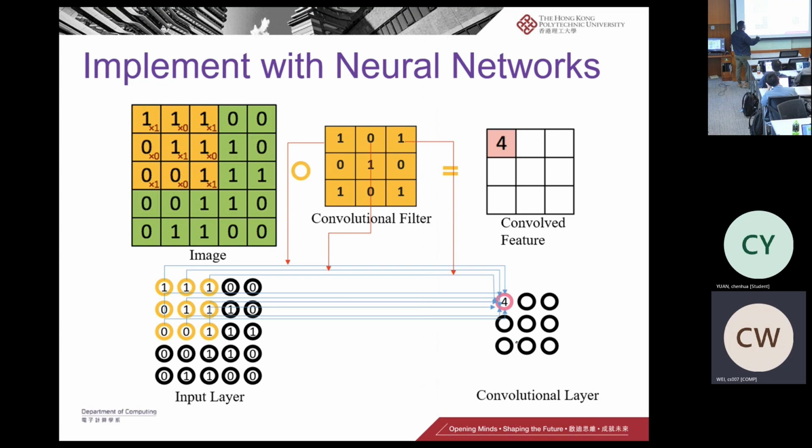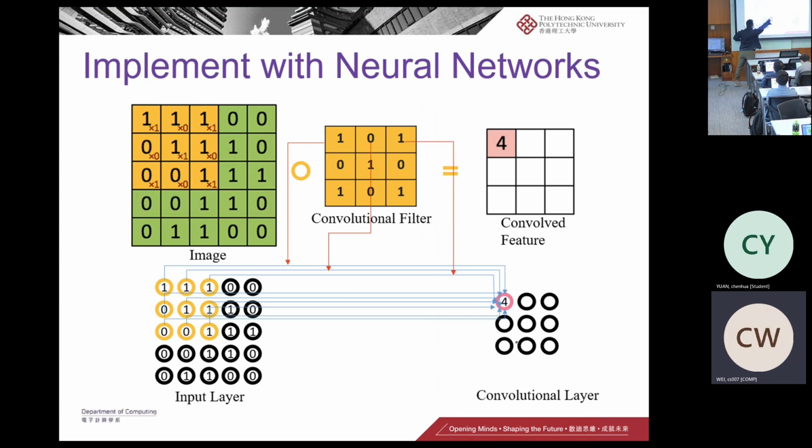Then, between the different layers, let's see, this is the input layer, this is the resulting layer next to the input layer, and you can apply those filters. So how does the process of convolution using filters link to the idea of neural network calculation?